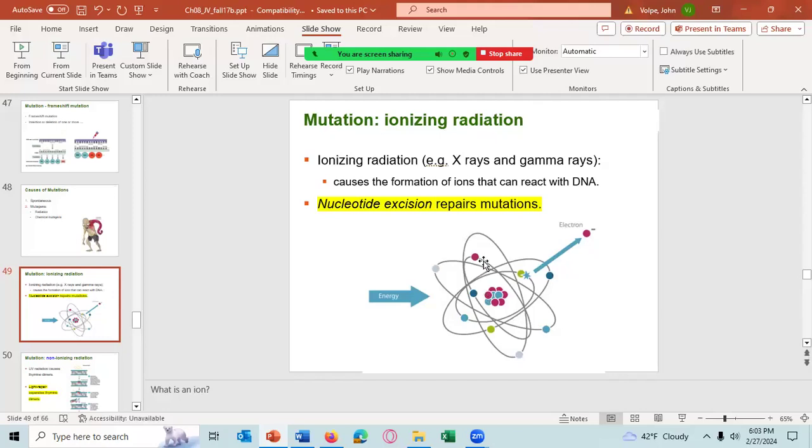That will create an ion here because this will be a molecule with a positive charge. This molecule can then go on to react with other molecules, including DNA, and mutating the DNA. And that's the danger of ionizing radiation. Any question there?